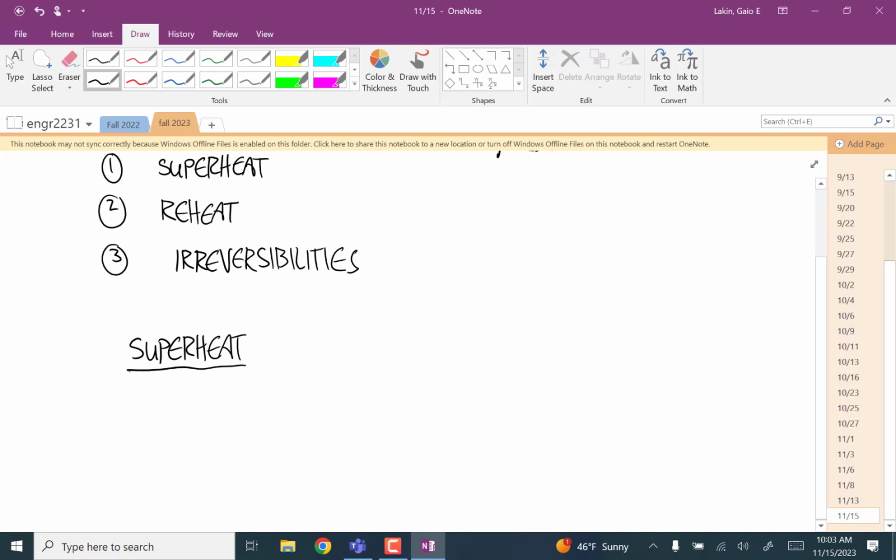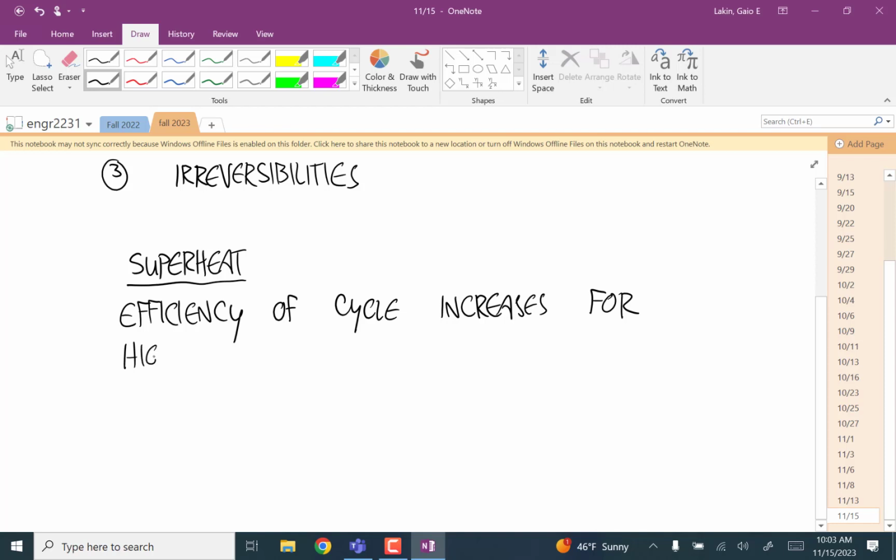So we figured out before that the efficiency of the cycle increases for a higher temperature and pressure at the boiler.